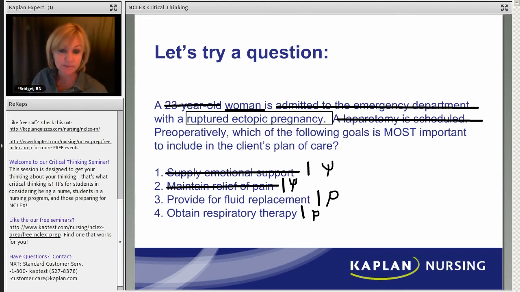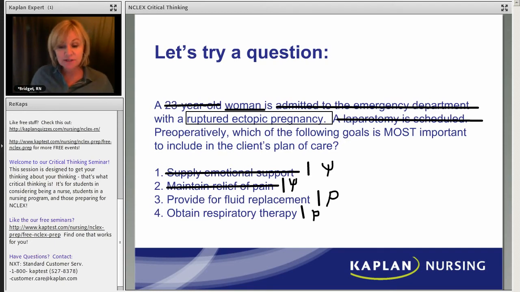So now if we look at 3 and 4, we see 4 is an airway answer. So let's look at that one first. Respiratory therapy. Now, I've taught this class a lot, and I've used this question a lot. I have no idea what that means. It might mean go get him some oxygen, or it might mean go get the respiratory therapy lady, or give him an albuterol treatment. I don't know.